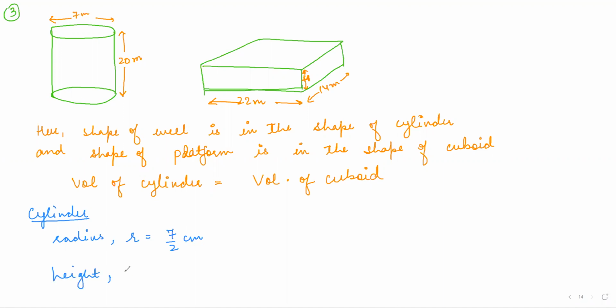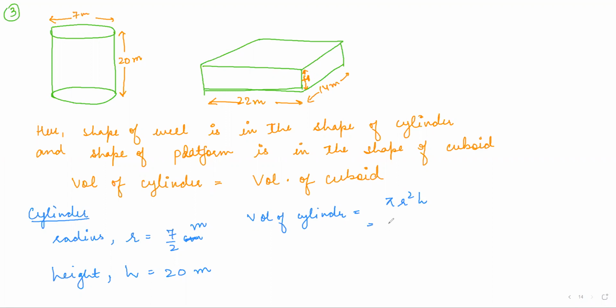Height, which I'm denoting by small h, is 20 meter. Now the volume of cylinder is equal to pi r square h.